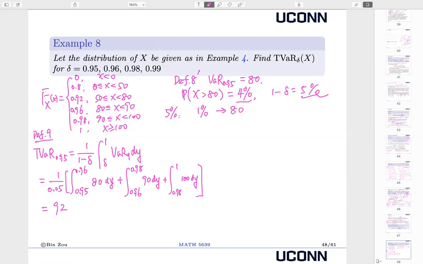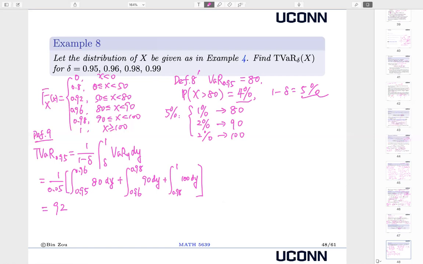Okay, this will be exactly this VaR. Of course I also have 80, and the probability is 2%, and I also have 100, probability is 2%. So those three numbers, with probability 1%, 2%, 2%, will give me exactly a 5% tail.